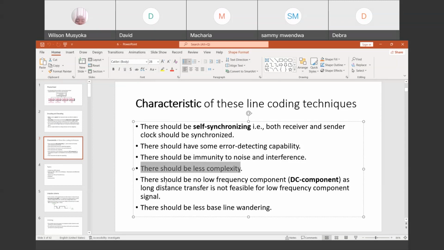Then there should be no low frequency component, that is a DC component, and we will see how this happens and how it can be corrected. And then there should be less baseline wandering. Baseline wandering comes from how those signals are spread across the transmission medium, and we will also look at that.